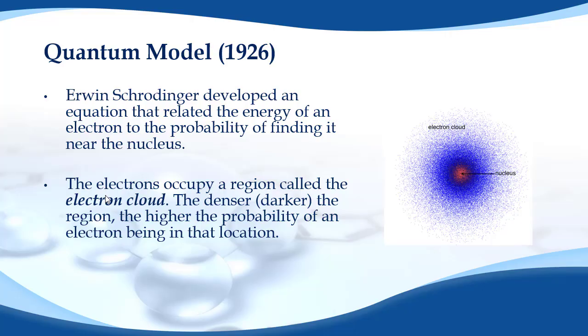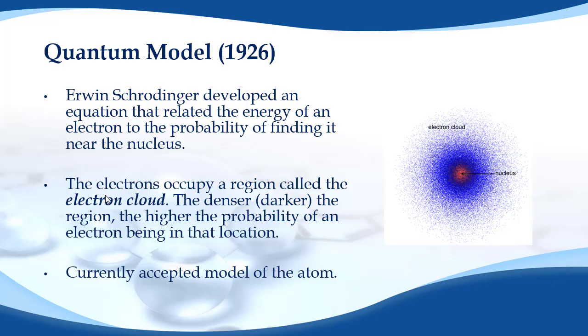And as you go farther and farther away, the probability decreases. For other elements, it may have a shape kind of like a dumbbell or a flower or something like that. Each electron works individually. This is our currently accepted model of the atom.